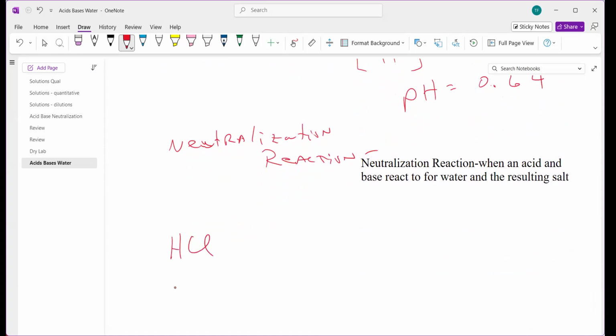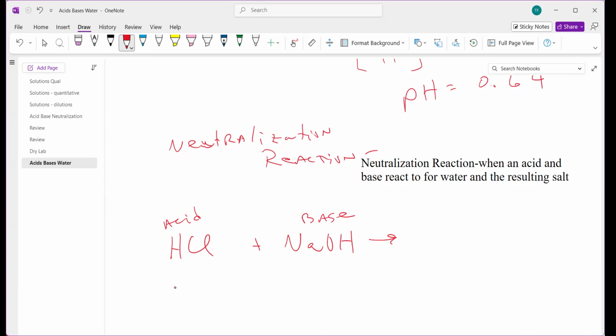Let's take HCl acid plus sodium hydroxide base. Whenever we mix an acid and a base, we end up creating a neutralization reaction.